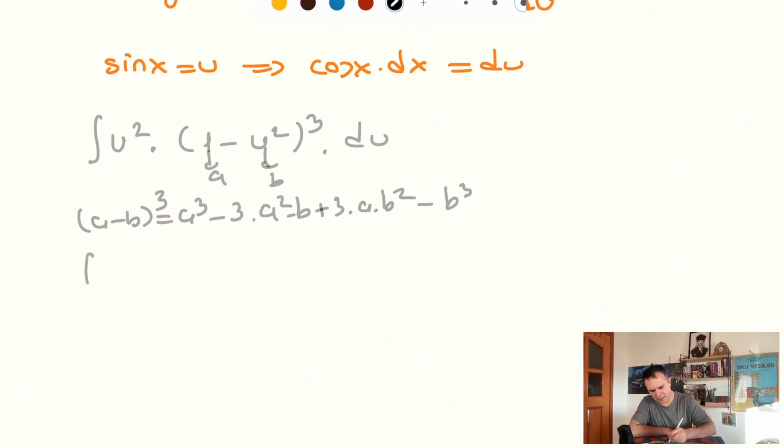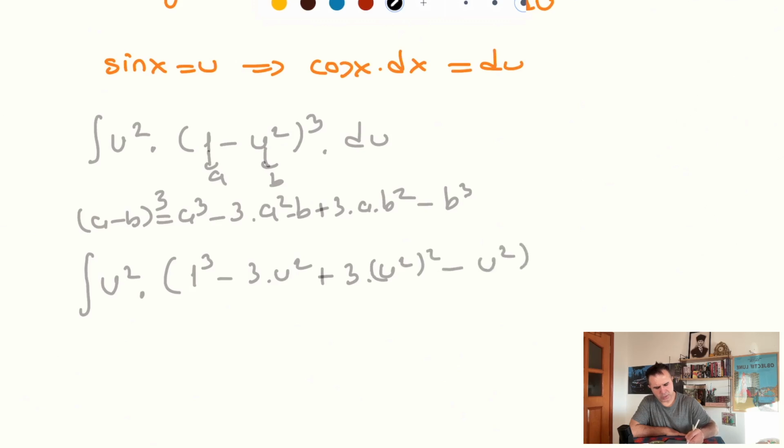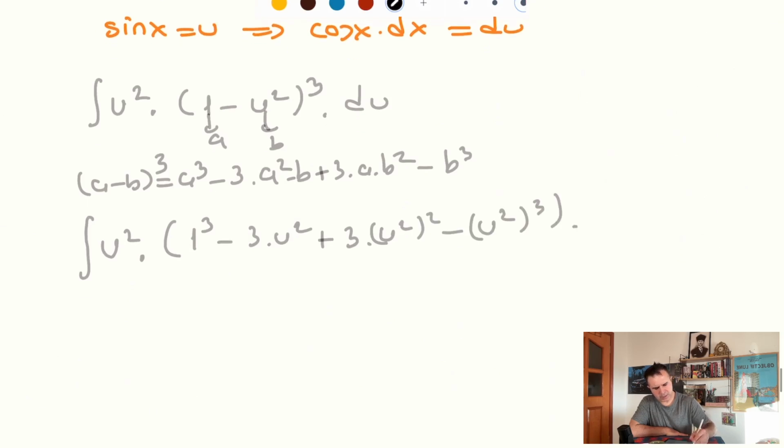Then the integral is u² times (1 minus 3 times 1 squared times u² plus 3 times 1 times u⁴ minus u⁶) times du. The integral becomes u² times (1 minus 3 u² plus 3 u⁴ minus u⁶) du.